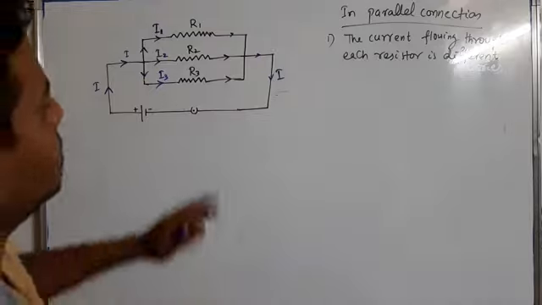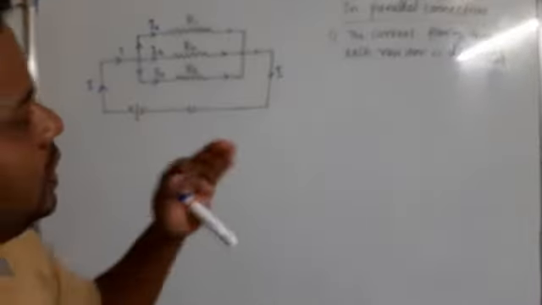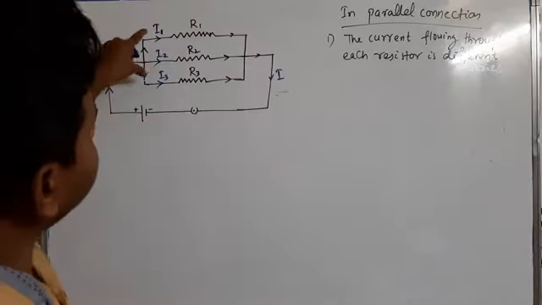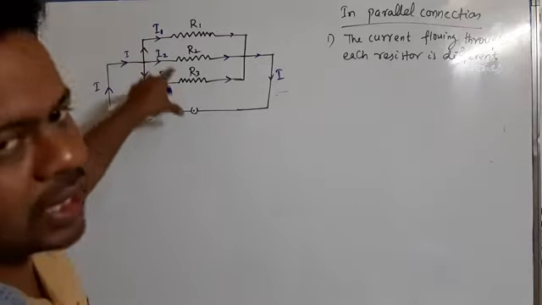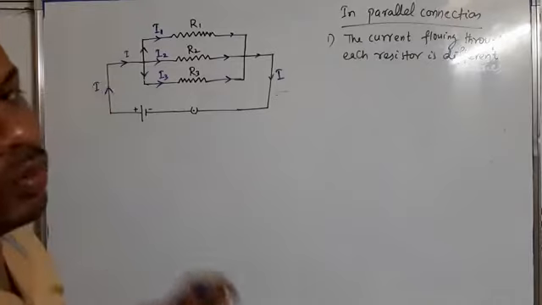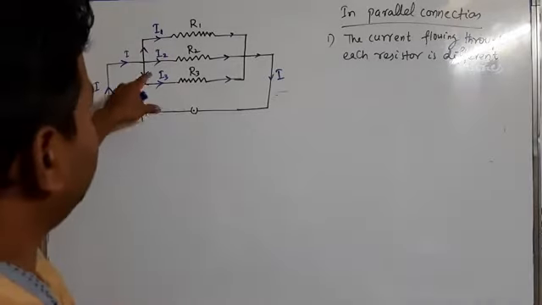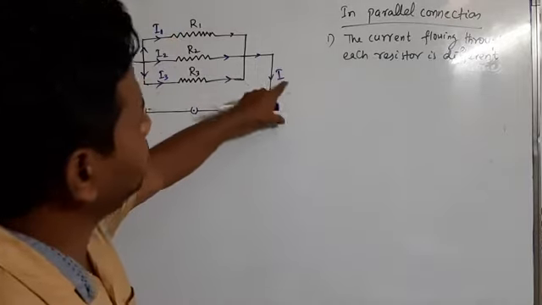But the sum of all the individual currents will give the total amount of current flowing in the circuit. Like here, if you add I1, I2 and I3, then you will find I.